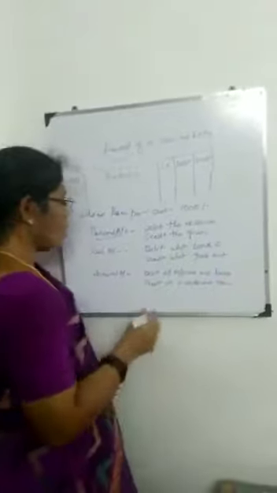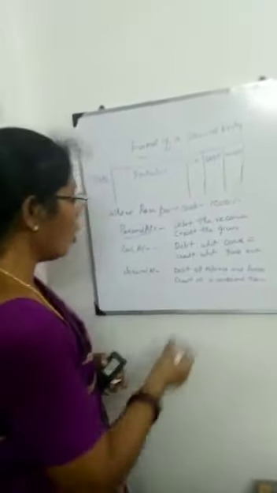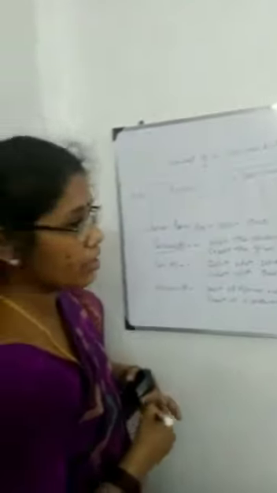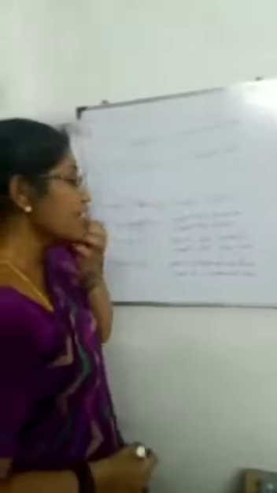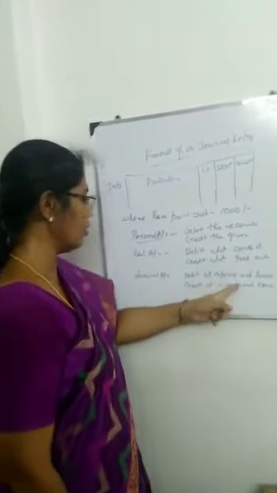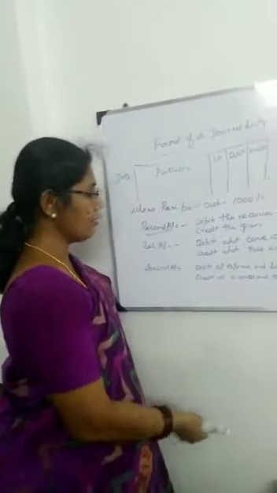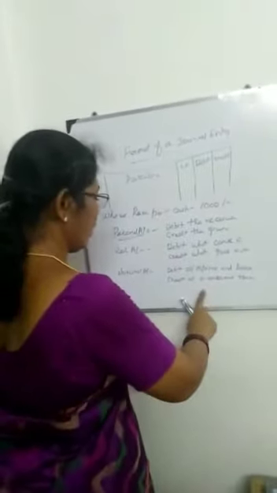Nominal account: debit all expenses and losses, credit all incomes and gains. All expenses like rent, advertisement will be debited, and all income, commission received, rent received, will be credited.